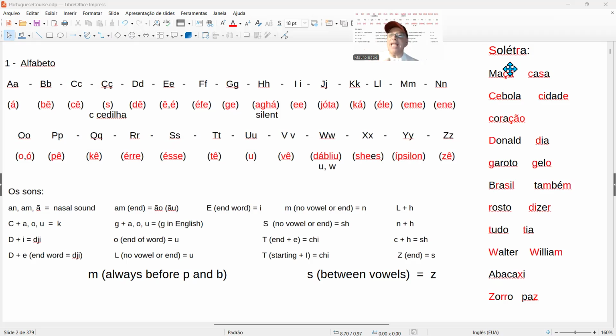Soletra. Vai, repeat that. Soletra. Spell it. Soletra. All right. Let's spell each word, each letter here. Let's go.